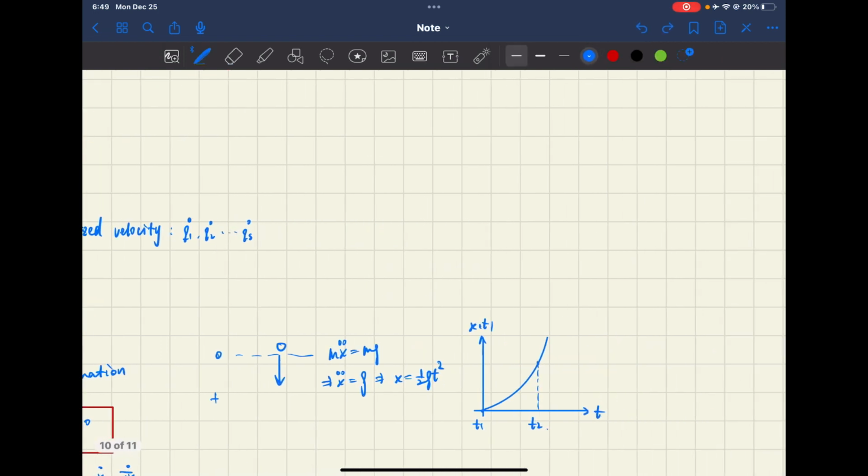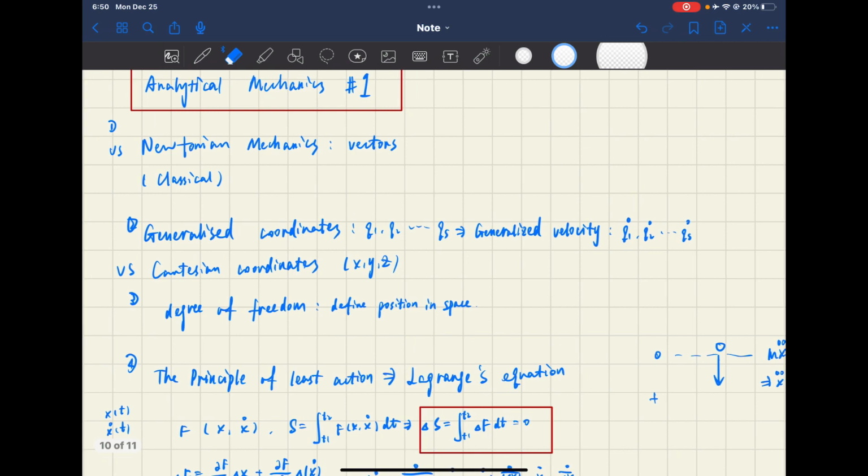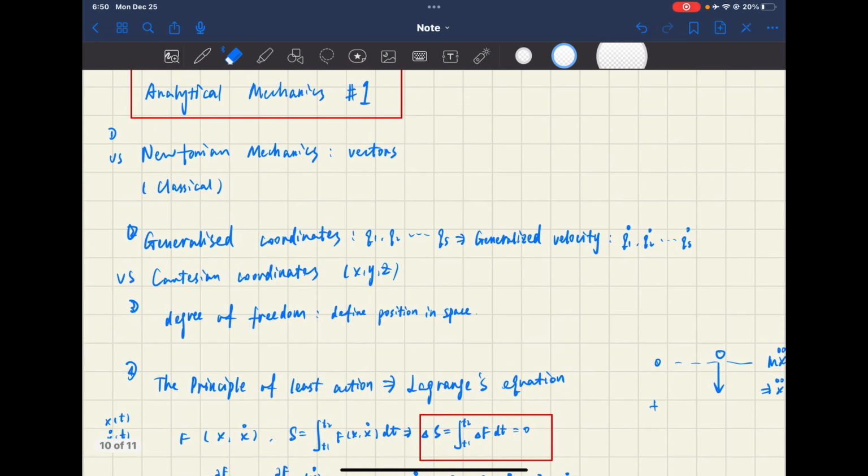If we use equations to describe the motion of a pendulum, like a rope with a ball, we can use the angle here and the length of the rope here. So use L and theta to describe the motion of the ball, and that will be sufficient. It's more elegant than using Cartesian coordinates. That's what I mean.